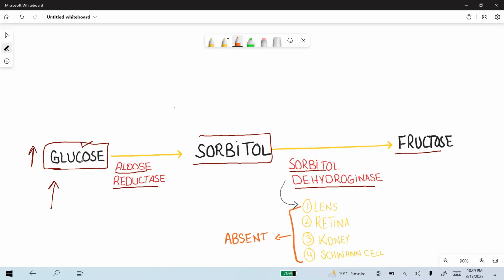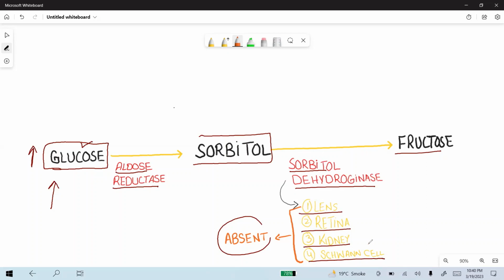There is increased glucose and increased conversion of glucose to sorbitol. The excess sorbitol is converted to fructose, but certain structures, for example the lens, retina, kidney, and Schwann cells, lack the sorbitol dehydrogenase enzyme.